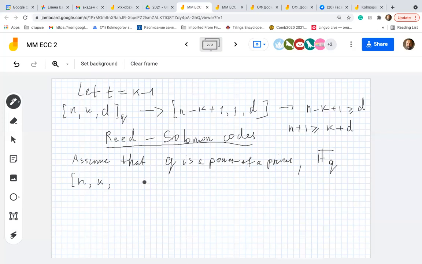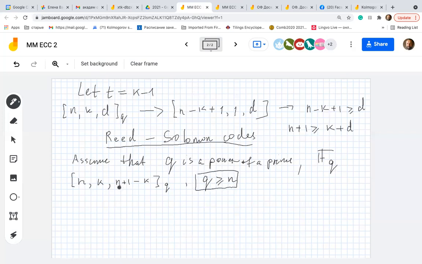That means that d will be equal to n plus 1 minus k. And the alphabet will be Q, and n must be less than or equal to Q. This is very important.